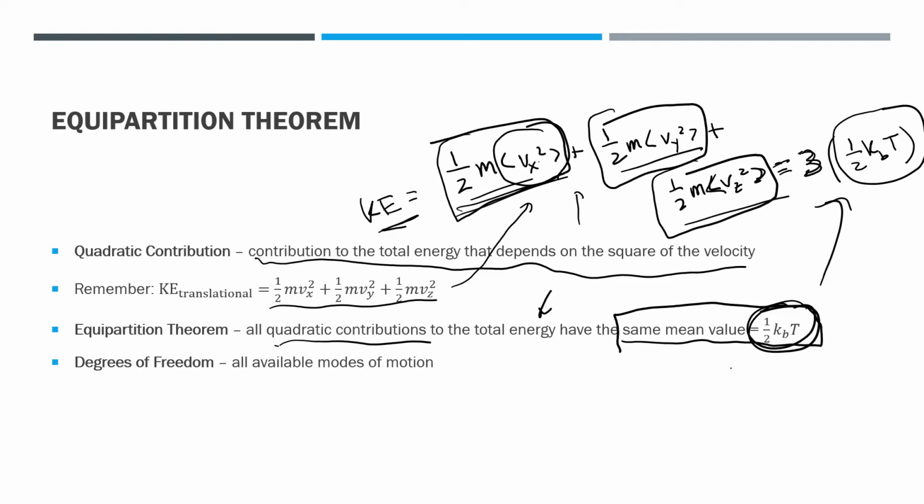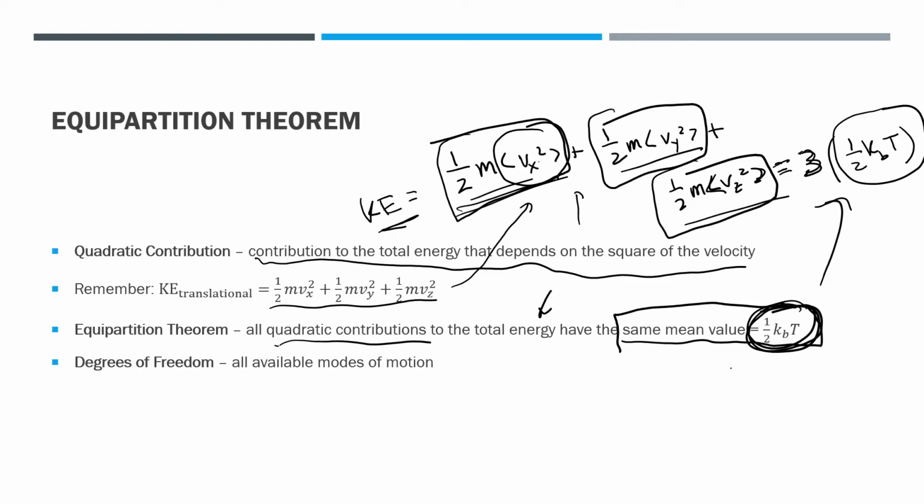But when we talk about rotational and vibrational degrees of freedom, and I use that word degrees of freedom, that's just another word for all available modes of motion, we can also use the equipartition theorem for those and realize that they contribute half kBT as well. So this is an important realization, and this is the heavy-hitting idea of this video that I want you to take from it.